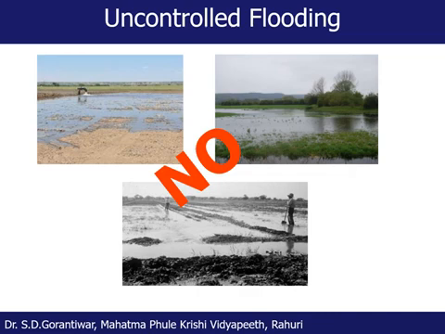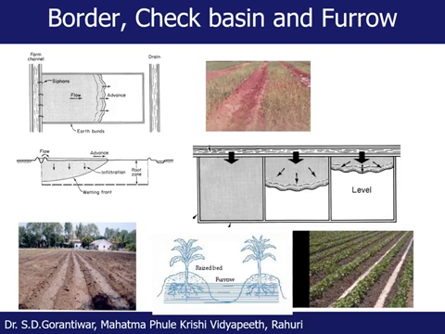It is not an irrigation method because there is no guidance to water, how to flow, how to get applied into the root zone. But at the same time, as water moves over the land surface, we also call this the surface irrigation method. But anyway, uncontrolled flooding is not to be adopted in any case, and this is not the accepted practice of irrigation.